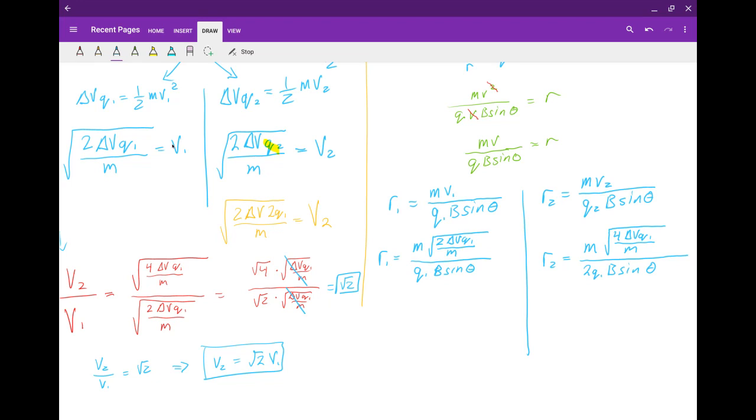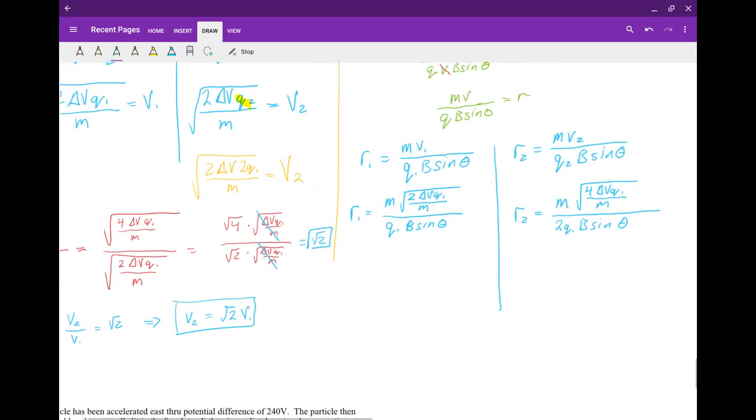So remember what I did is I put V1 from here into there, and V2 from here into there. And then I changed Q2 to Q1, and I left this Q1 as a Q1. Why am I doing that? Because now, again, I'm just going to go ahead and put these over top of each other as ratios, okay?